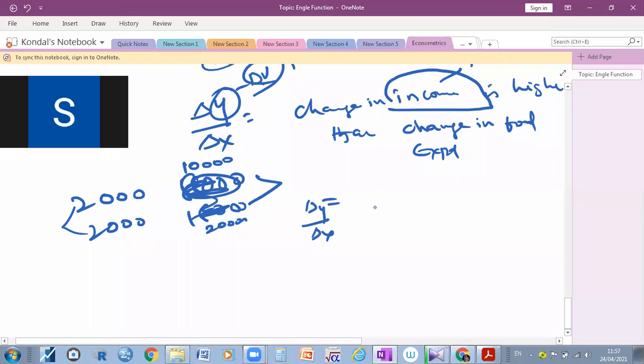10,000 by the change in x, which is zero. But it may be, for example, 3,000; whatever data you get.